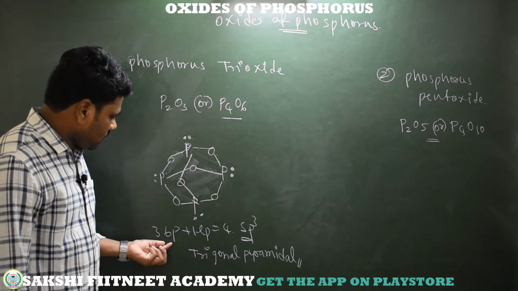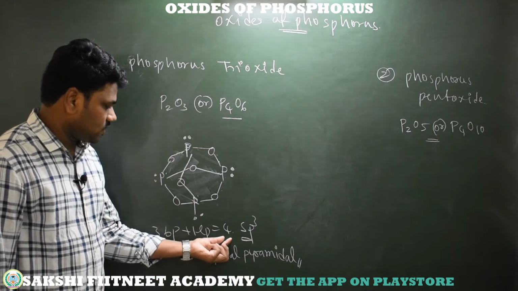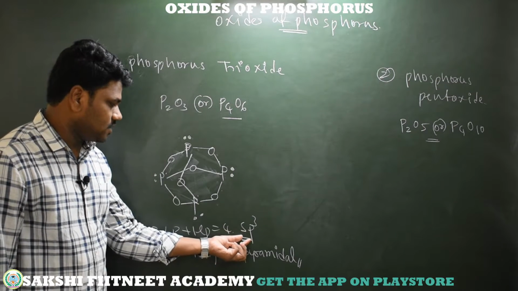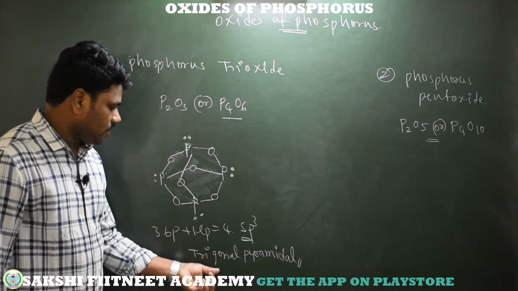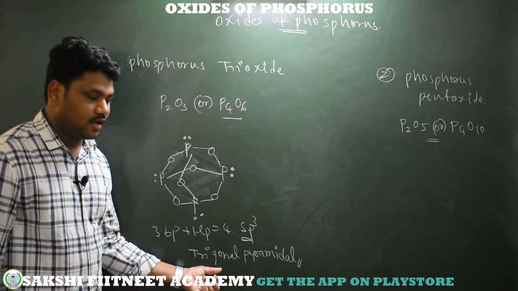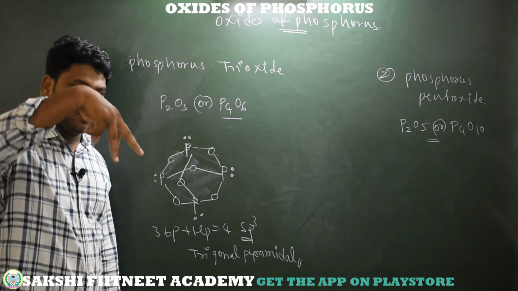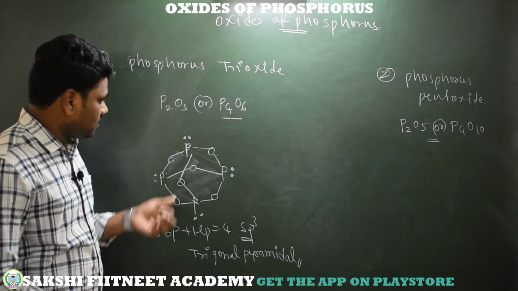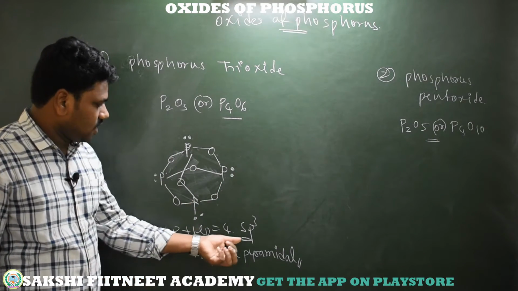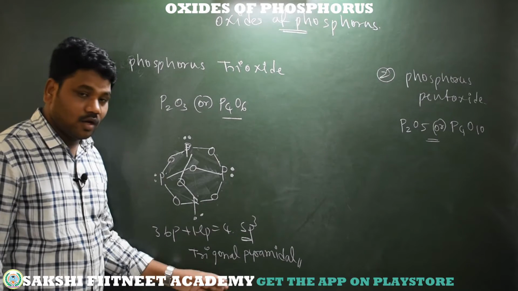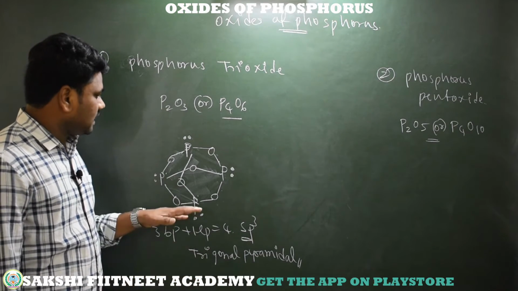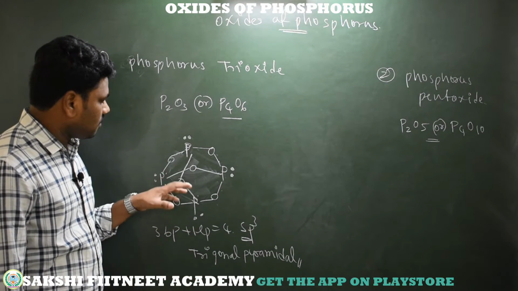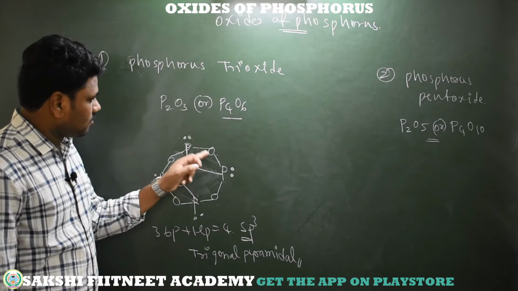Phosphorus trioxide, 3 bond pairs, 1 lone pair, equal to 4. So sp3 hybridization with 3 bond pairs and 1 lone pair becomes trigonal pyramidal, like ammonia. 3 bonds are towards down like a pyramid, and the lone pair is towards the upside. So each phosphorus experiences sp3 hybridization, trigonal pyramidal. Coming to sigma bonds and the number of bridged oxygens.